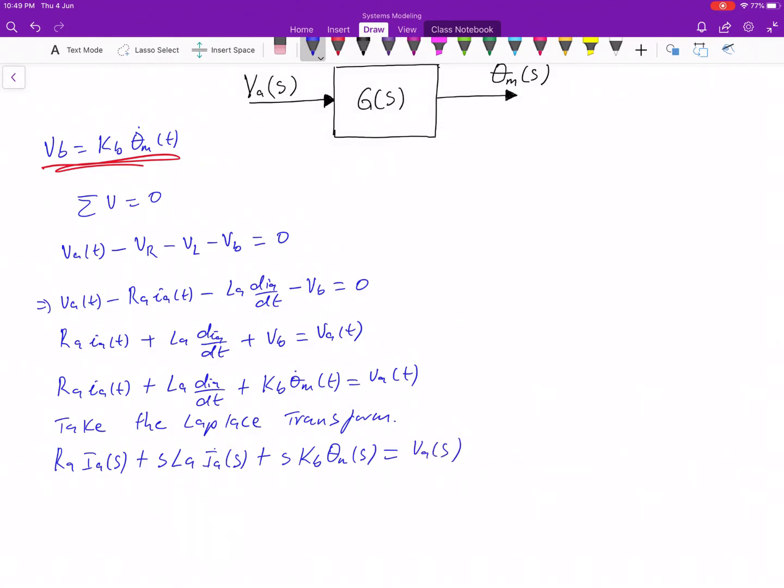And we can factor the currents out so that we have (s LA plus RA) times your current plus s KB theta m(s) is equal to VA(s). Let's call this equation 1.